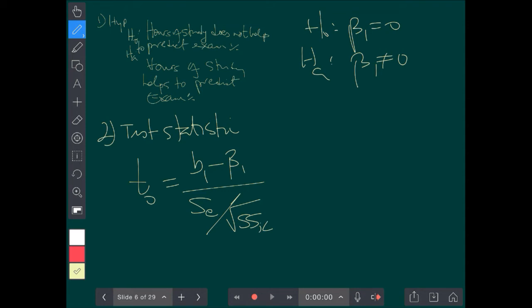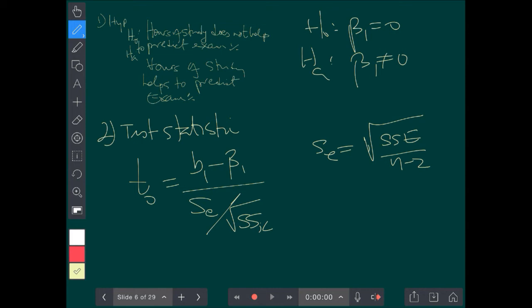Now, I'm not giving you a formula yet for the standard deviation of the errors, but I'll do that now. It's the square root of SSE over n minus 2, which is the sum of squared errors over n minus 2. Now, how does that look like a standard deviation formula?